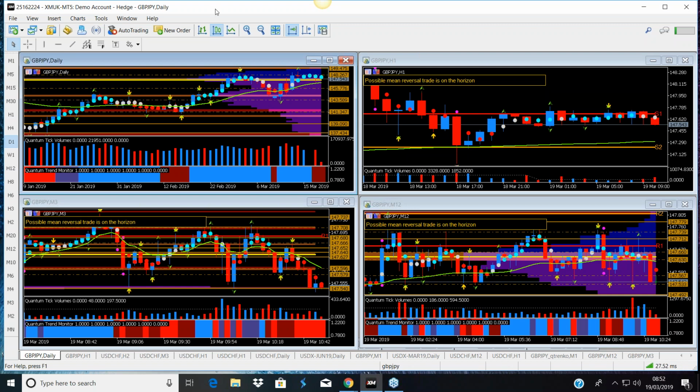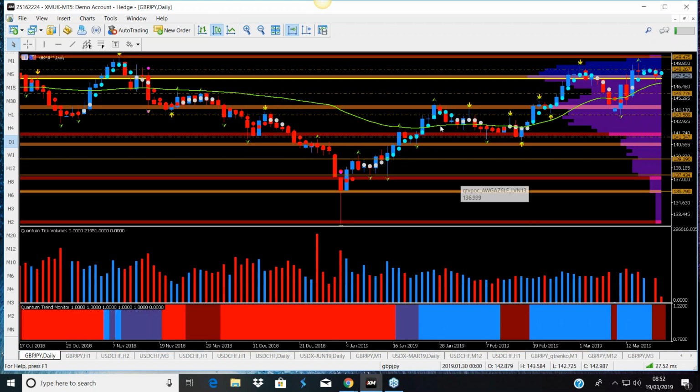The pound yen is one of these pairs that, when it moves in a reasonably wide range on the day, allows us the opportunity to take some nice trades. It's also a very volatile pair because it's a yen pair, and it's also volatile because it's a pair that has a lot of algos trading it as well.